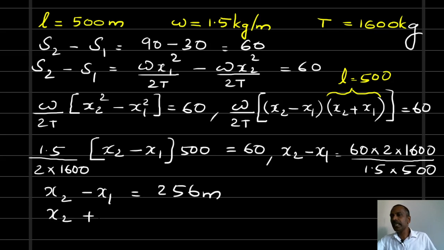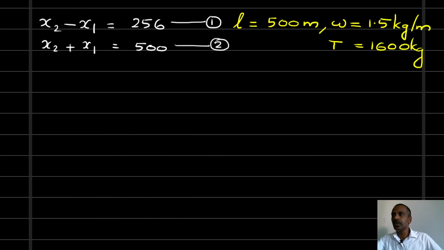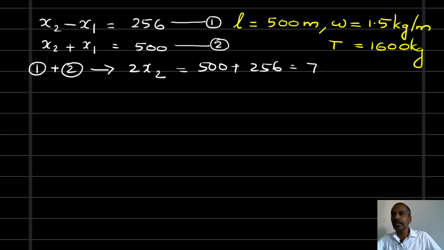And x2 plus x1 is equal to the distance between the two towers. It is 500 meters. Now let's solve these two expressions. Adding them gives 2x2 is equal to 500 plus 256, it is 756.